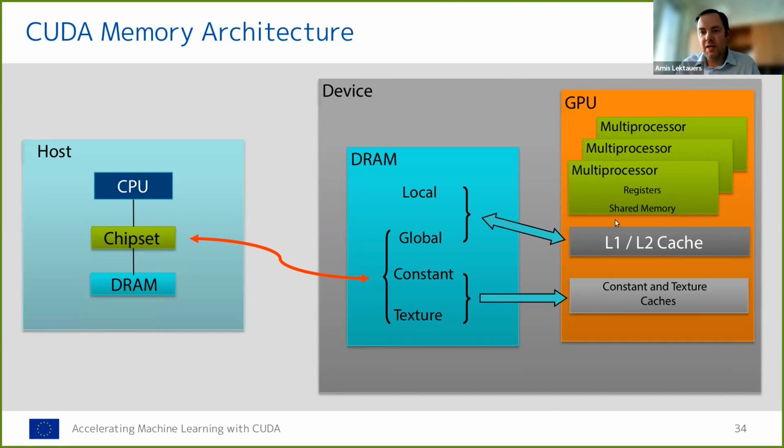GPU memory is split into two main parts: memory located on the video card or graphics card, which is global memory, and some memory built into the GPU. It is cache memory, not controllable by the software developer in any way. It includes constant and texture caches, and shared memory as well as register memory for each multiprocessor.